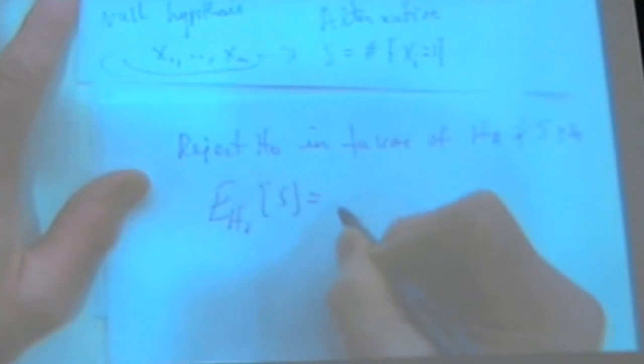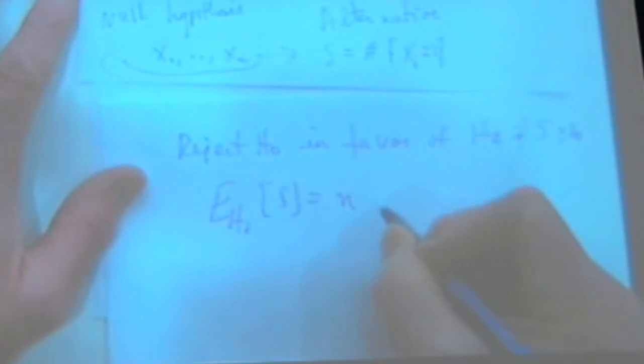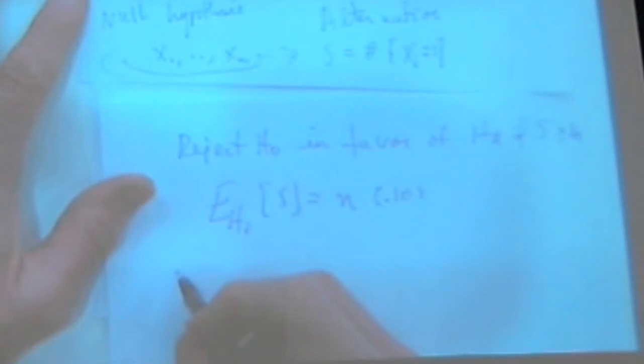Under H naught, we expect S to be n times 0.10. So n is like, well, we could use the data set. The data set has 59.